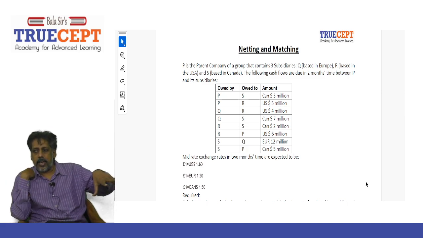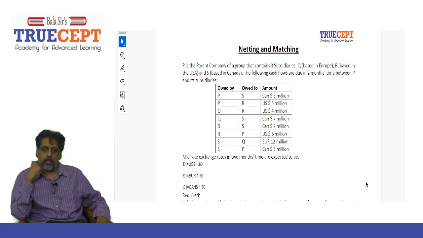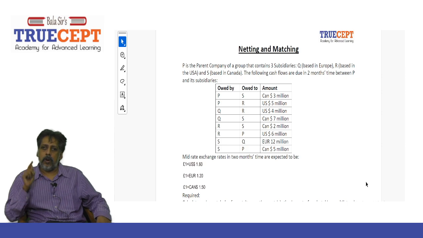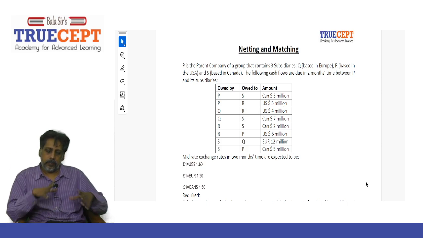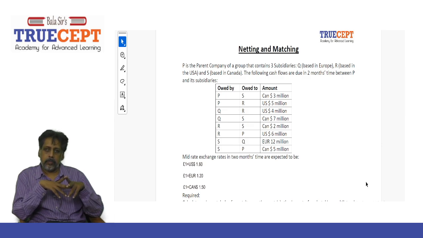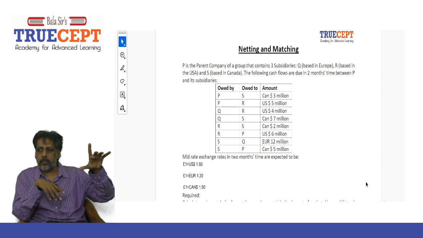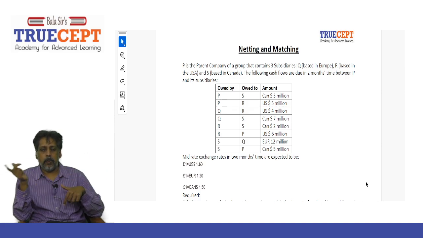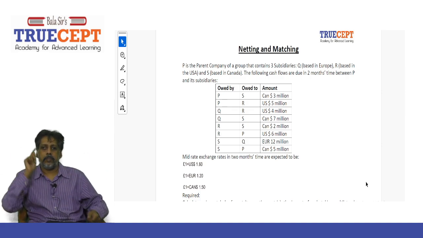So guys, Canada, the third subsidiary. So parent entity P and 3 subsidiaries Q, R and S. Now the following cash flows are due in 2 months' time between P and its subsidiaries. These are the cash inflows and cash outflows, in 2 months, not today. For example, one company has to pay another entity. It's payable and receivable in 2 months' time.